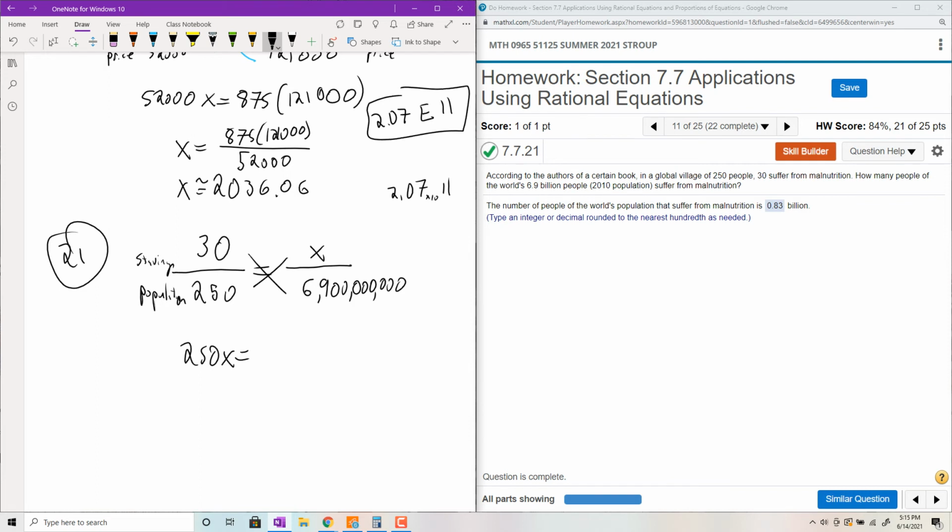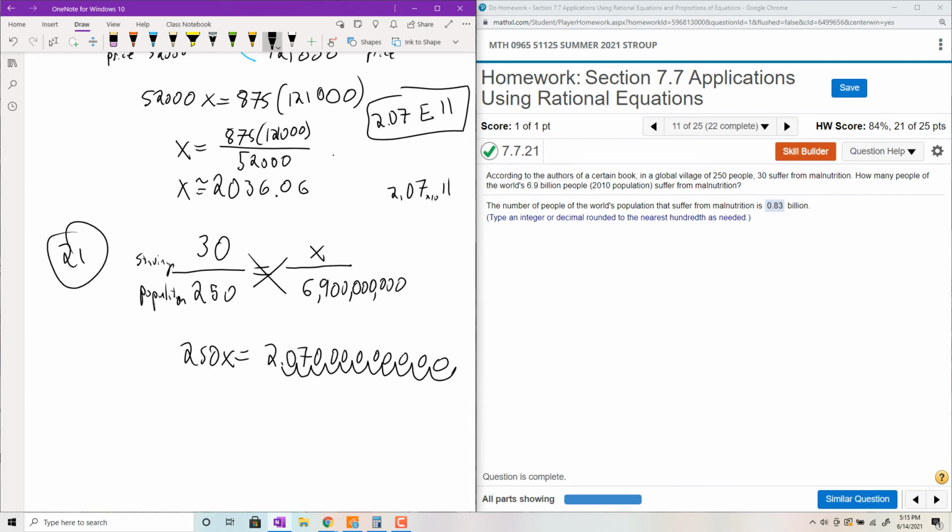It basically just means move the decimal over 11 places. So it's going to be 2.07, and then you move the decimal 1, 2, 3, 4, 5, 6, 7, 8, 9, 10, 11.